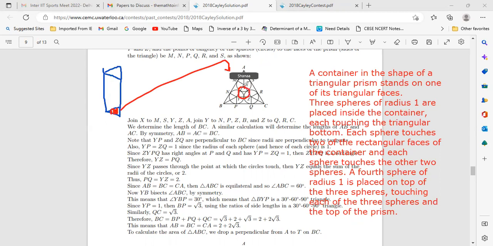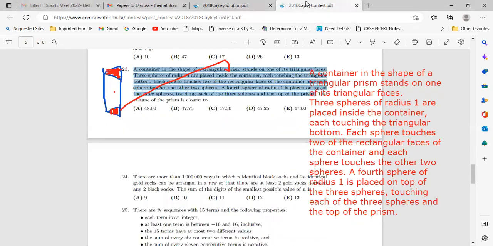Yeah, the 4th sphere is on top of those, and it's touching this side. So what is the actual question? They're asking us to find the volume of the prism.